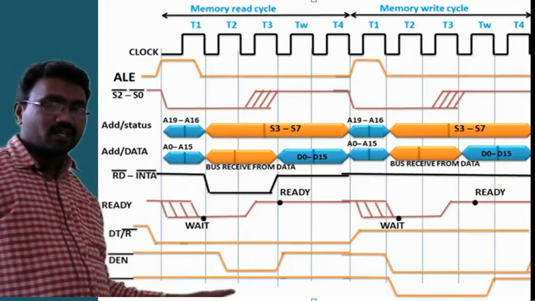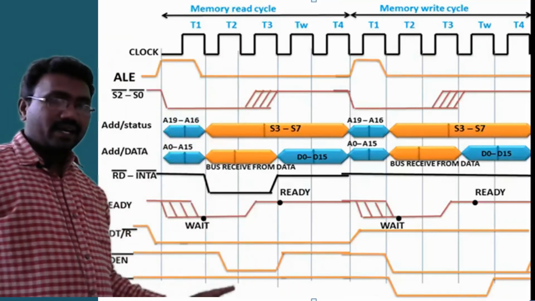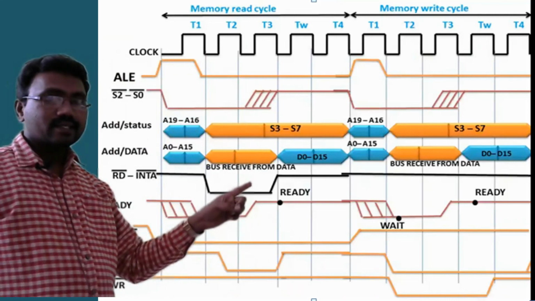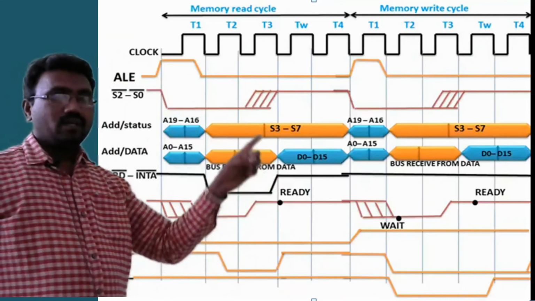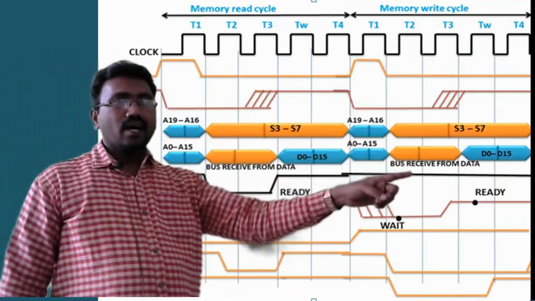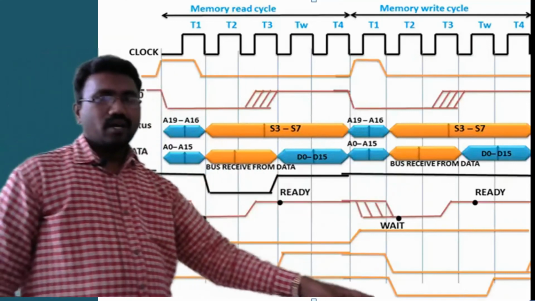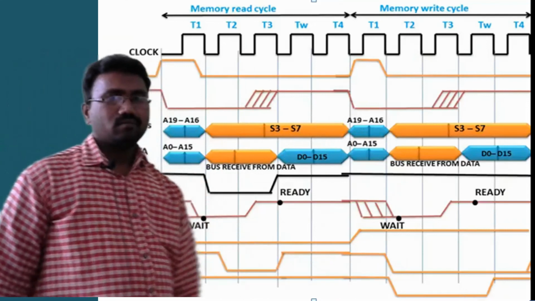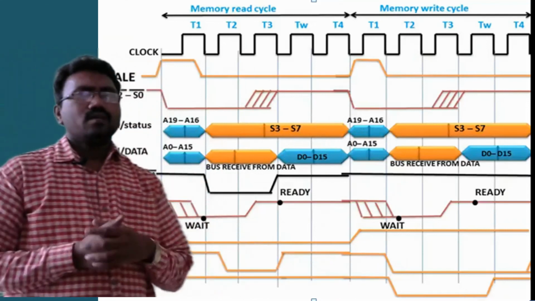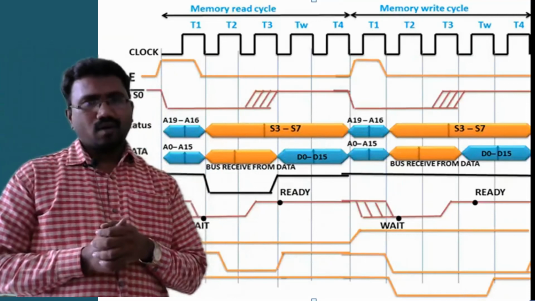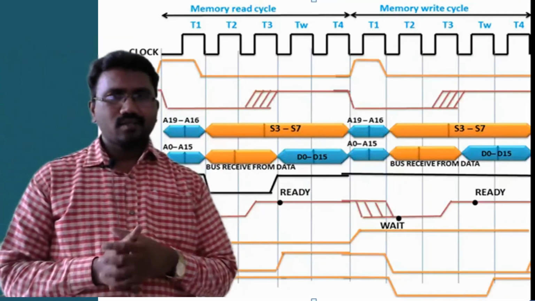In the read cycle, write is disabled and read is enabled. Whereas in the write cycle, RD bar is 1, that means read is disabled, and write is 0, enabled. That's about the general bus operation of the 8086. Okay, thank you.